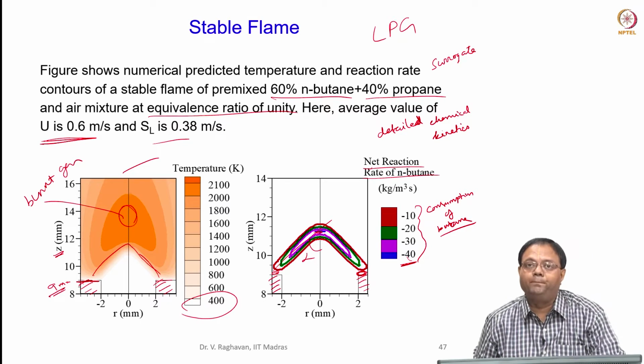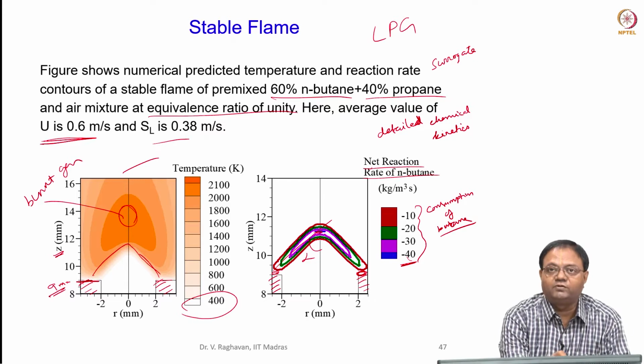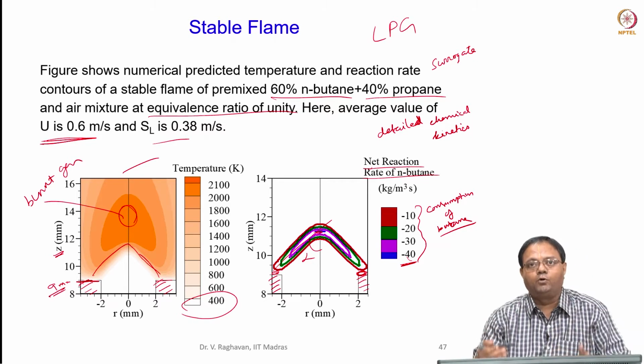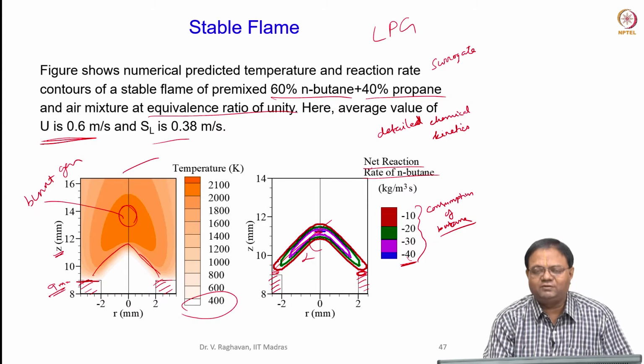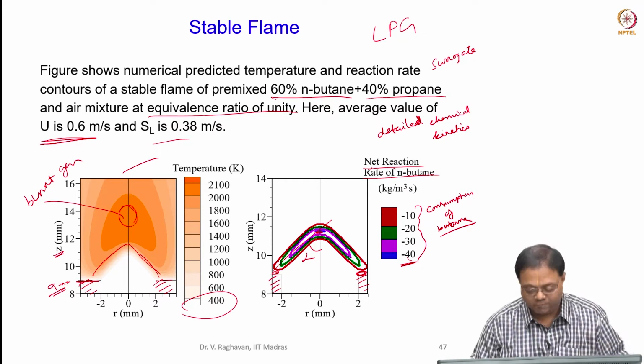it is 9 mm. So now you can see that at the velocity of 0.6, the flame is above the burner rim, burning slightly about 0.5 mm to 1 mm away from the burner rim.